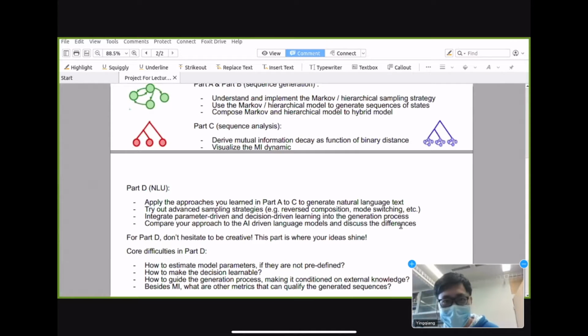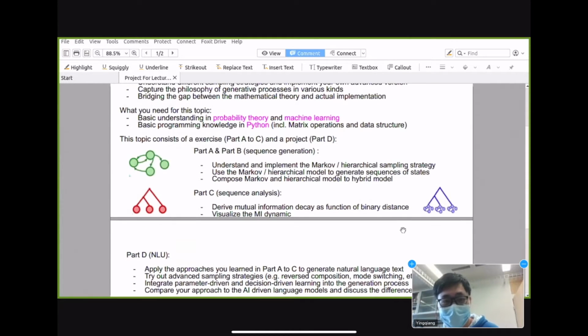And actually, we're doing these things because we will start with the exercise, which will be based on an actual neuroscience data set, where we will get hands-on with the recordings of some birds and human speeches, which are collected in a special way, and then you have to analyze this data and transfer the learning into some actual experience in natural language.